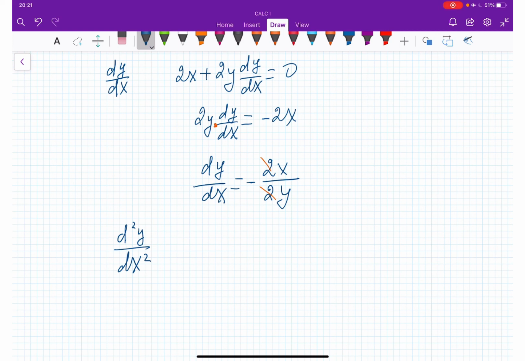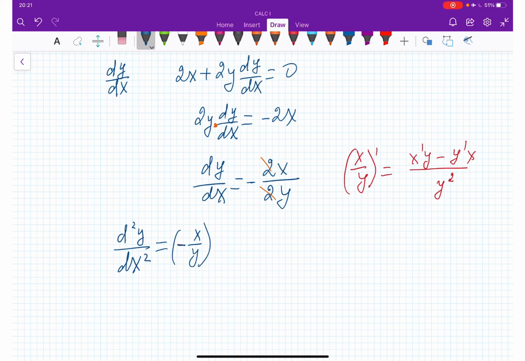All right. So remember the formula for second derivative, x over y derivative is equal x prime y minus y prime x, and divided by whatever we have in denominator squared. Yes? All right. So we have negative x over y prime, right?